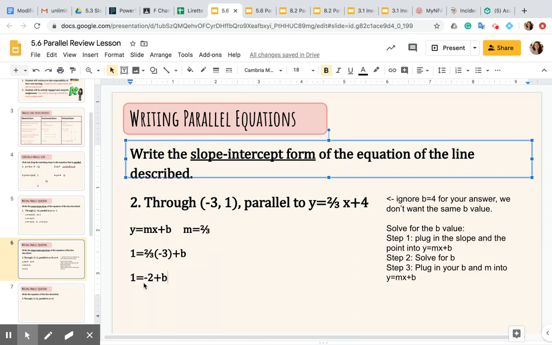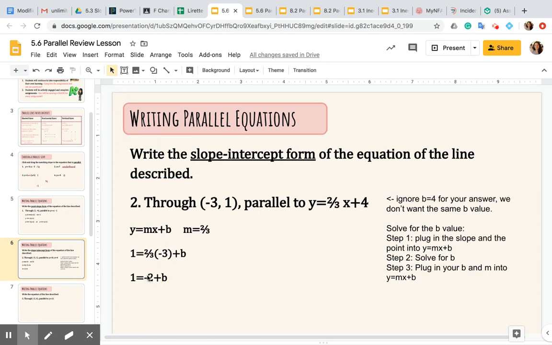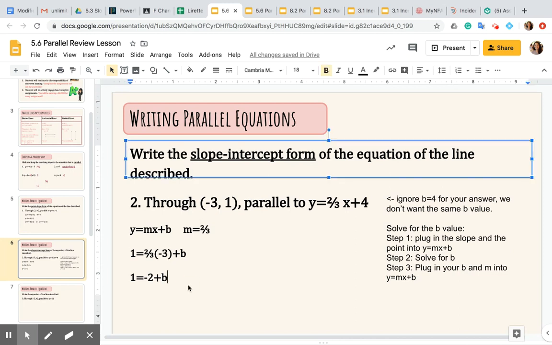Now the question is, how do I get b alone? Well, if I look at this, this is clearly an addition-subtraction step because I see plus and minuses here. So I know I'm either going to need to add the 2 to get the b alone or subtract the 2. So the question is, what's the inverse of this? Well, the inverse of a minus is a plus. So I'm going to add 2 to both sides.